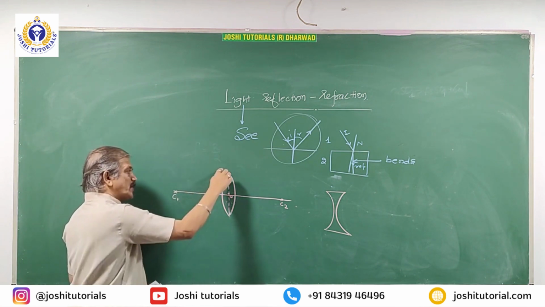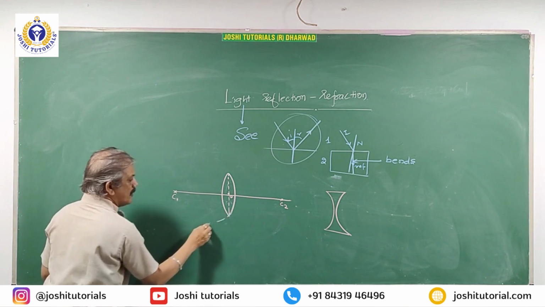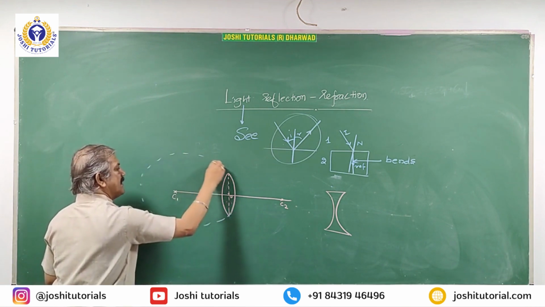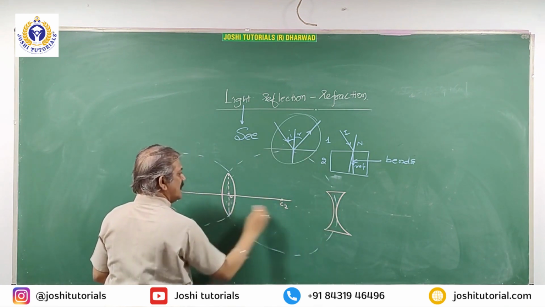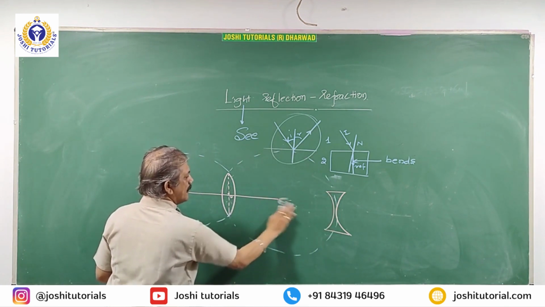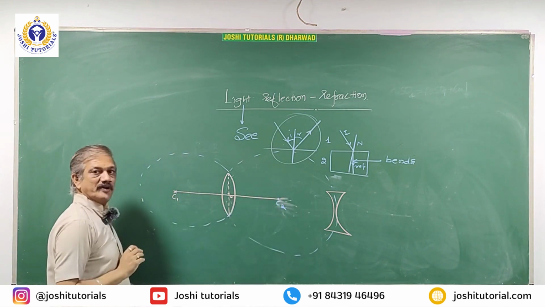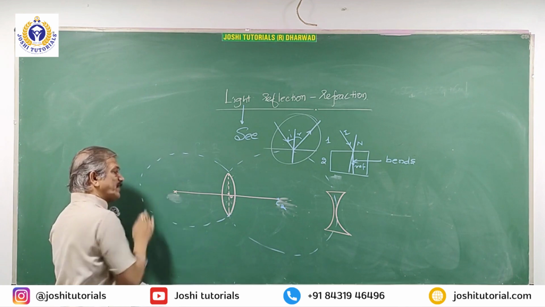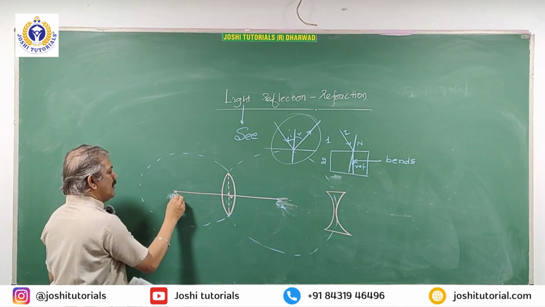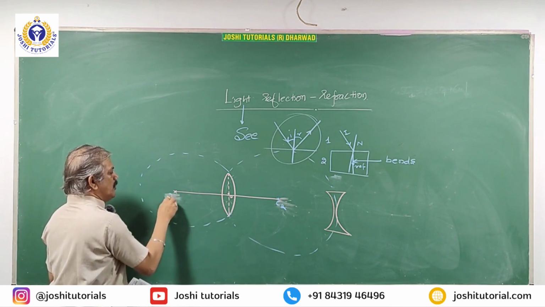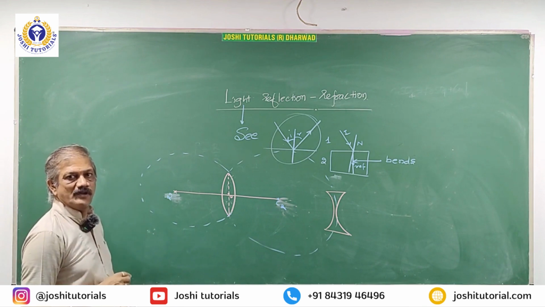From this center of curvature, one curve. That's why I am telling you, if you draw a circle, you will get like this. It is a center of curvature. But instead of center of curvature, we take foci, F1, F2.